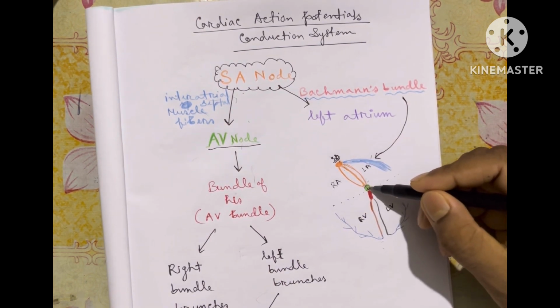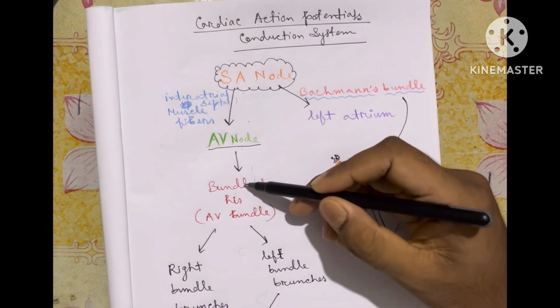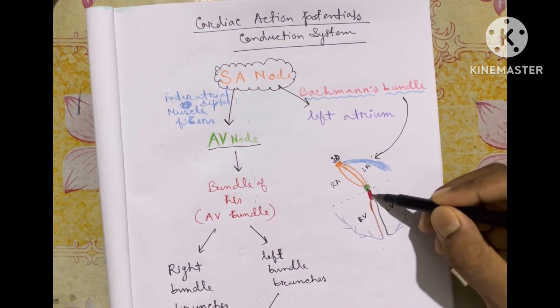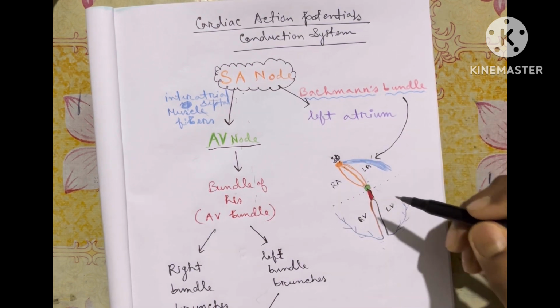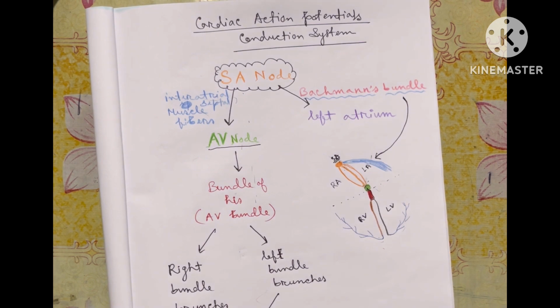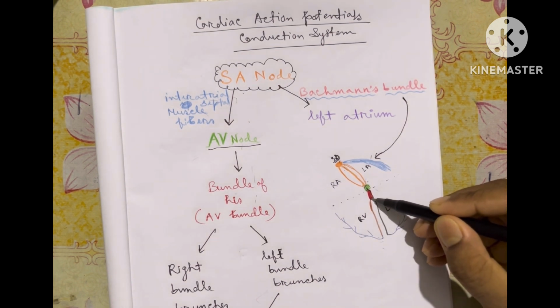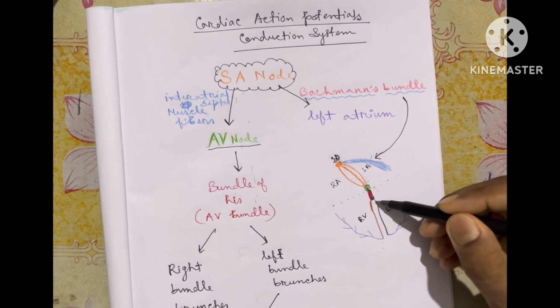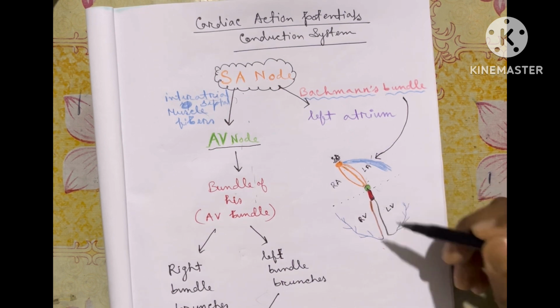From our AV node, the electrical signals now go towards the bundle of His, this red group of cells. The bundle of His receives the signals from the AV node, and the inferior end of the bundle of His is the initiation part of our interventricular septum.